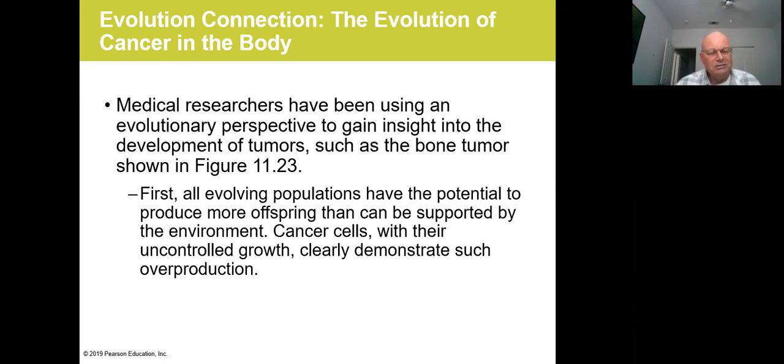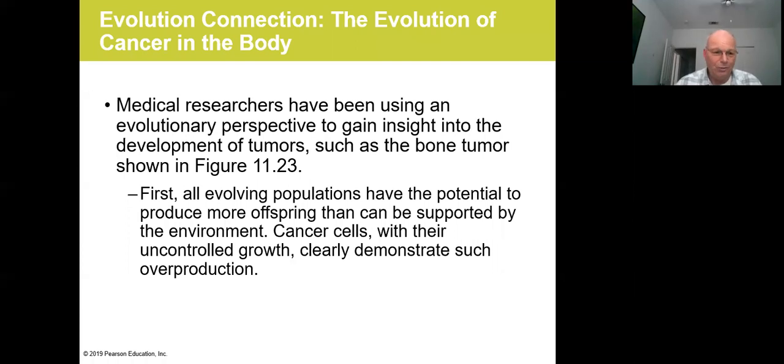And you might think, how does that work? Well, remember that natural selection, as described by Darwin and Wallace, tells you how organisms can evolve and change over time. And when you think about cancer cells, that's what they do.